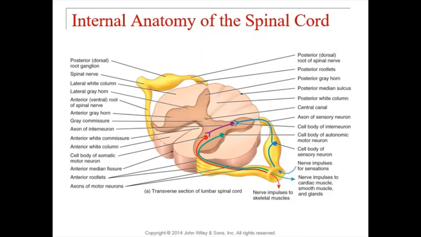I'm seeing the periphery of the spinal cord looks a little light. And in the middle, more interior portions of the spinal cord, you see this darker H-shaped or butterfly-shaped area. One looks dark, almost grayish in real life. One looks lighter, almost whitish. You're seeing where there is gray and white matter.